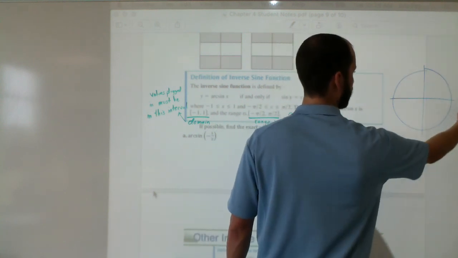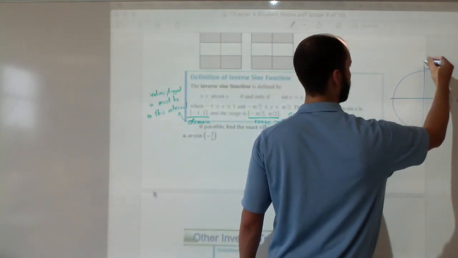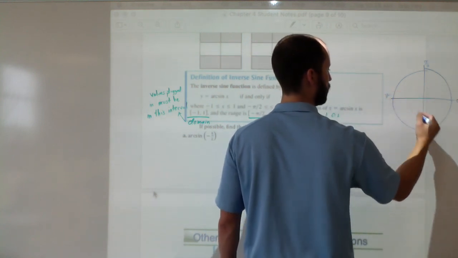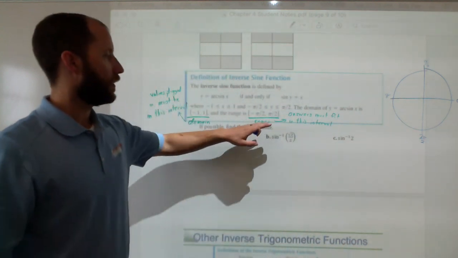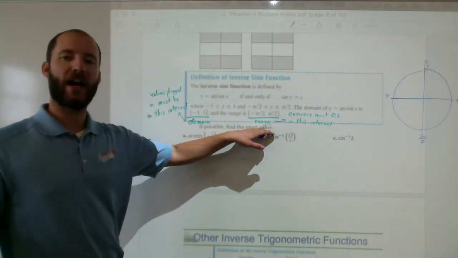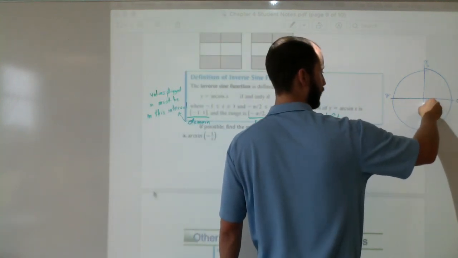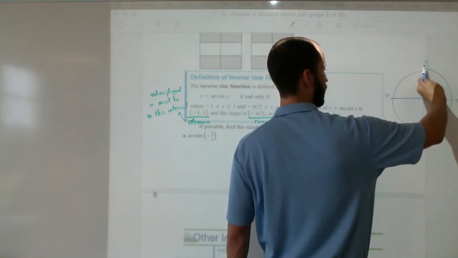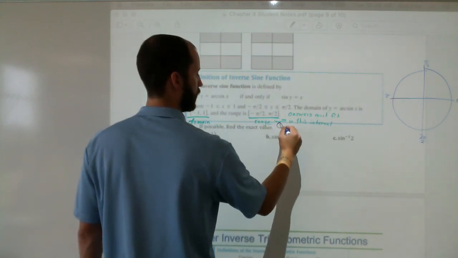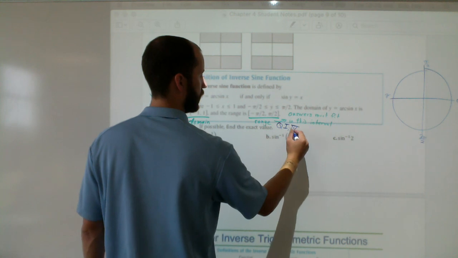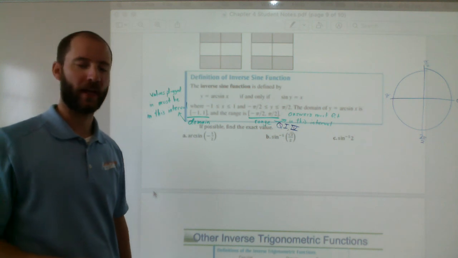Starting here at 0 radians, if you count up, pi over 2, pi, 3 pi over 2. Your answers can only come from negative pi over 2 to positive pi over 2. That means dropping down negative and then rising up positive. So our answers can only come from quadrants 1 and 4.